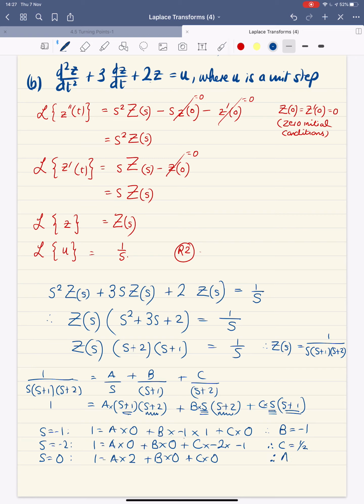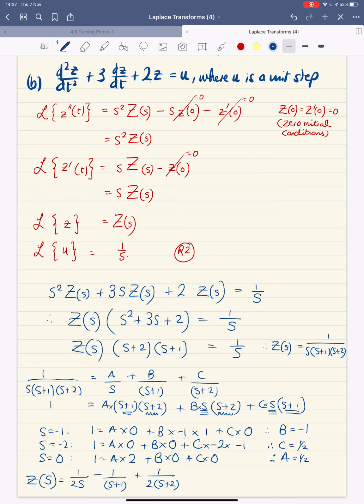So therefore, A is 1/2. So we end up with Z(s) is A over s, so it's 1 over 2s, plus B over s plus 1, minus 1 over s plus 1, plus C over s plus 2, so it's 1 over 2 times s plus 2.